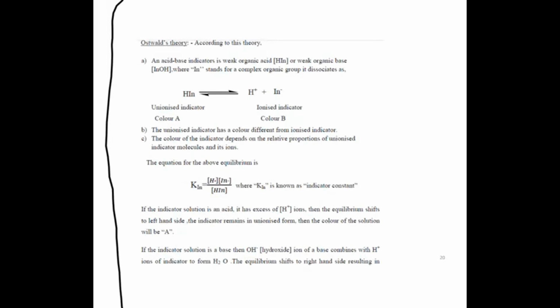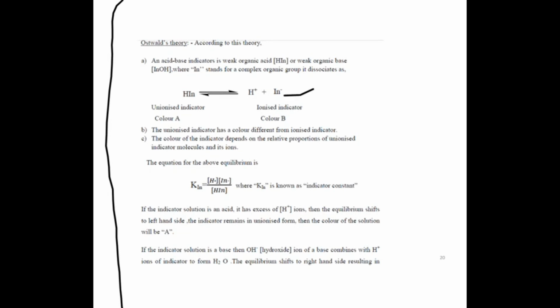The acid or base is weak, so it only partially dissociates or partially ionizes in the solution. When you add indicators to the solution, only partial ionization takes place in the given solution.